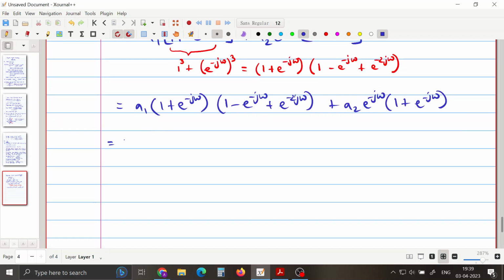So now if I take this common, I have a1 minus... yes, I think this is fine.